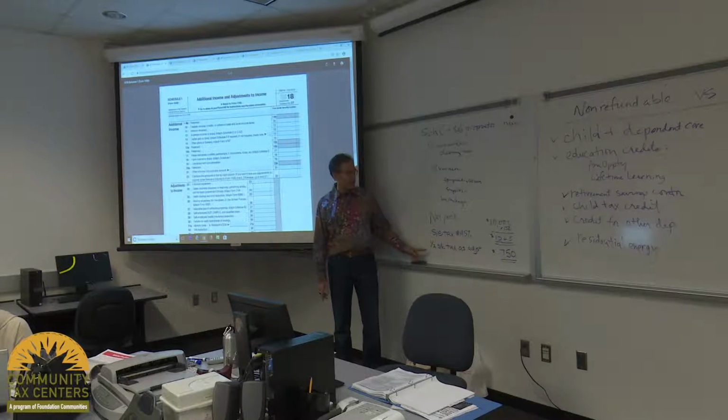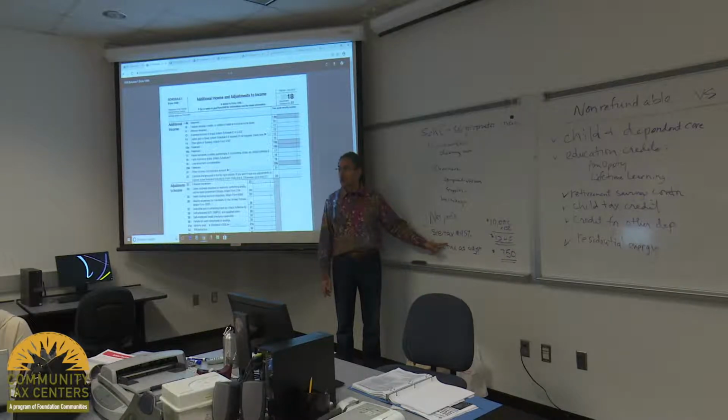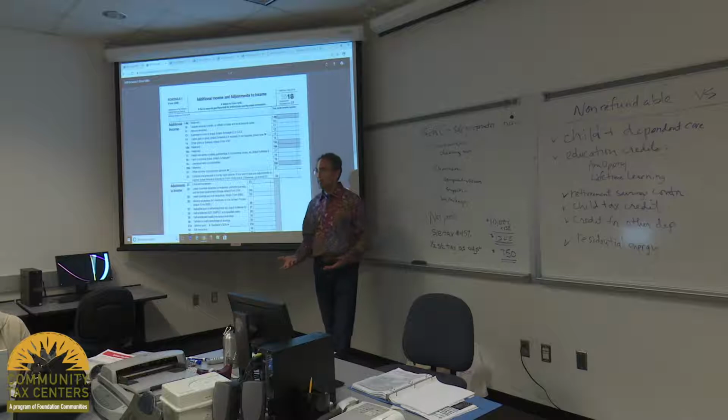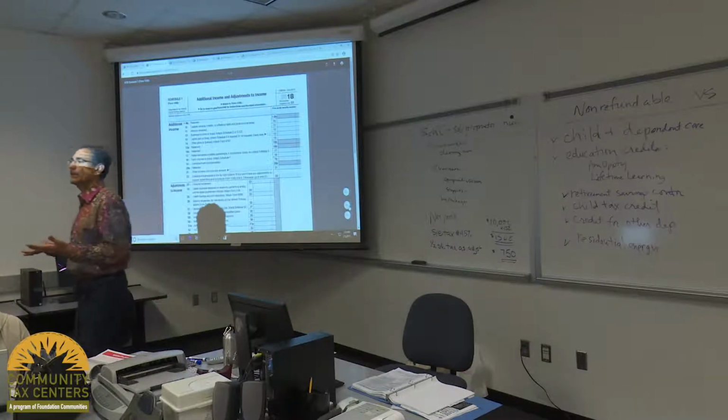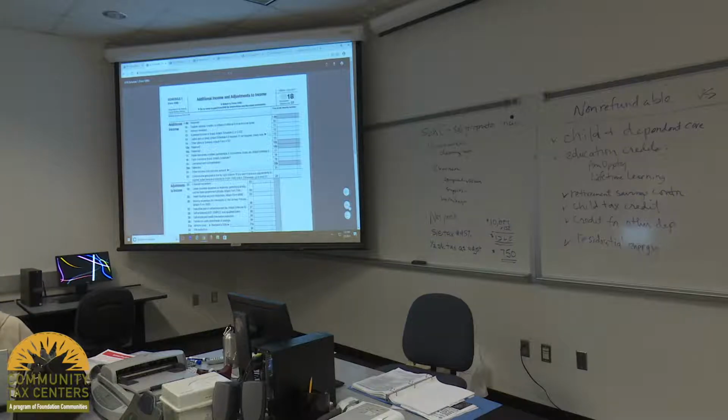Because they want to collect 15%. Who would you collect the other 7.5 from if you didn't get it from the self-employed? He's not going to give it to you.